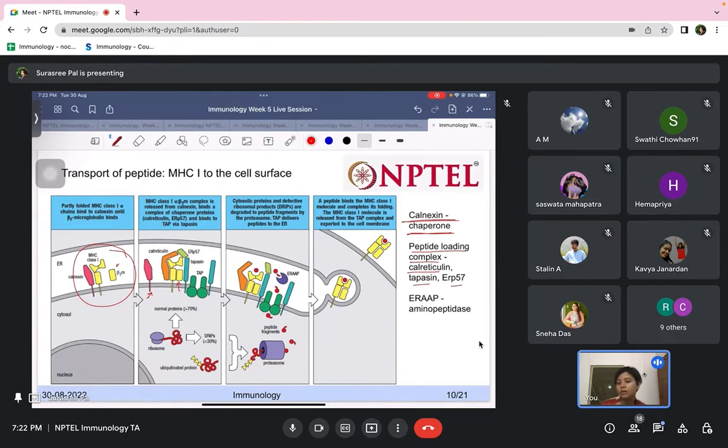These are the proteins which form the peptide loading complex. Once calnexin is dissociated from MHC class 1, this peptide loading complex binds to the MHC class 1 molecule. What is the function of this peptide loading complex?